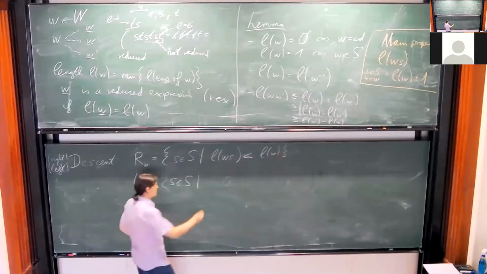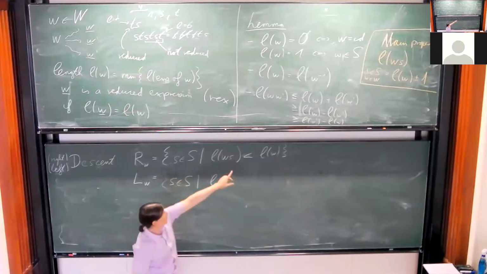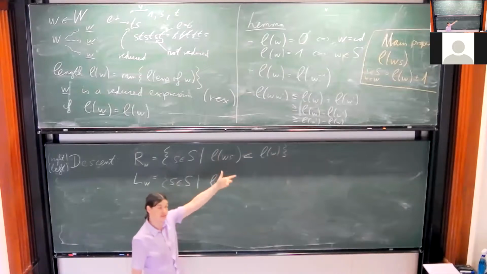The left descent is exactly the same condition. By using the other properties, you will see that the main property is not asymmetric. You can do it from the other side as well.